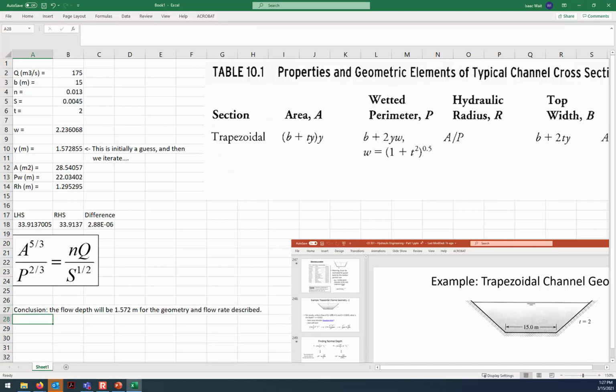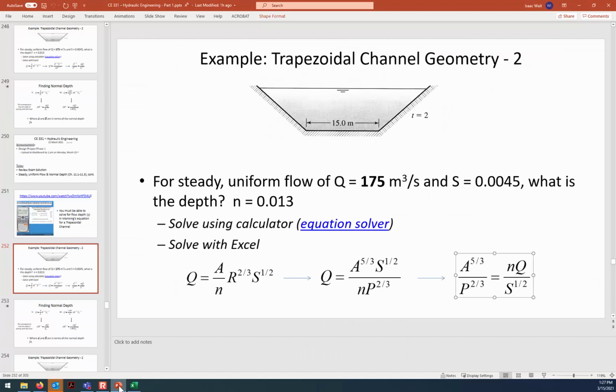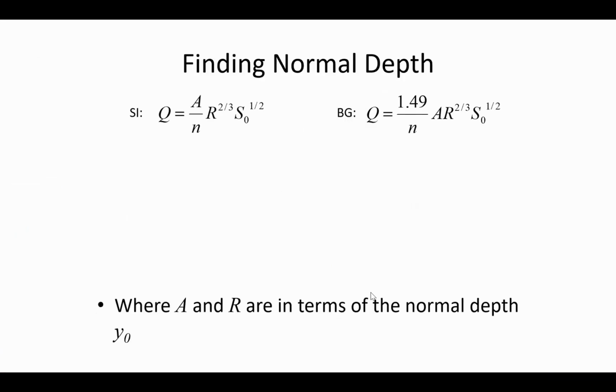Okay, so are there questions about that? Solve it with Casio, and I think you'll get the same thing. All right, so what we did was we took Manning's equation, and for SI units, there's no coefficient prefix in front of it.